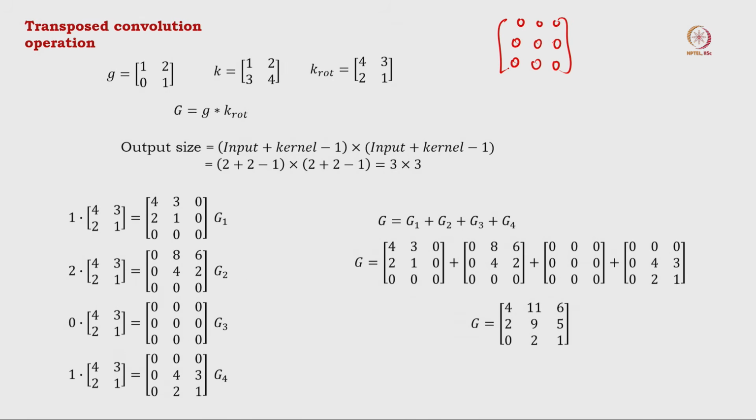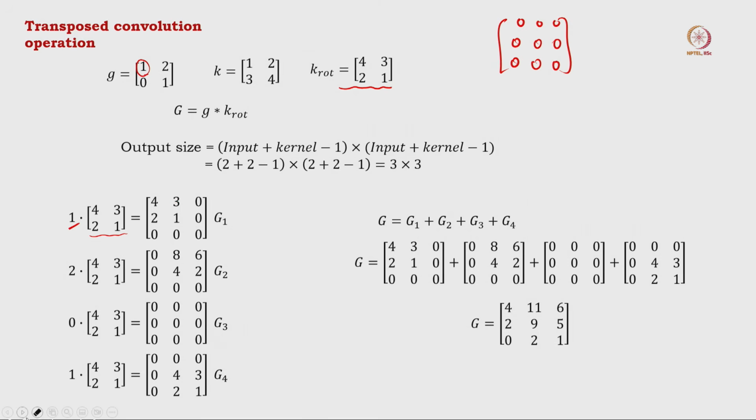Now, what exactly is a transposed convolution? Take the first element 1 that gets multiplied with this kernel. So, 1 into 4 is 4, 1 into 3 is 3, 1 into 2 is 2, 1 into 1 is 1. Look at in which position we have placed all these values.